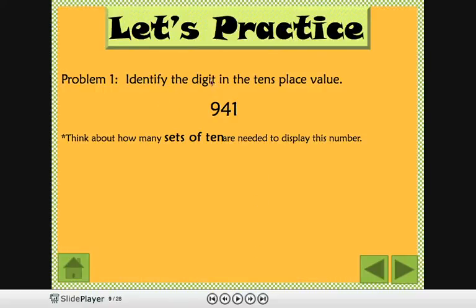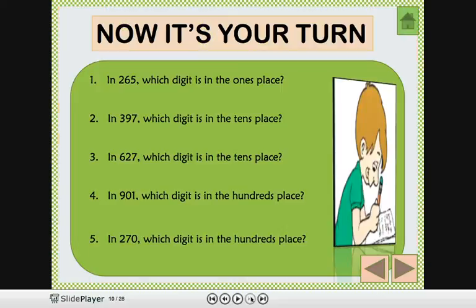For this one, it wants us to identify the digit in the tens place. We know from place value it goes ones, tens, hundreds. So our tens place is the 4. Which digit in the number 265 is in the ones place?